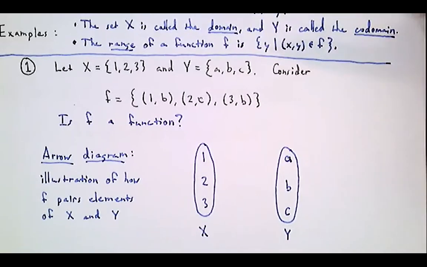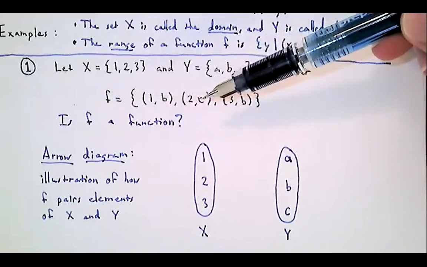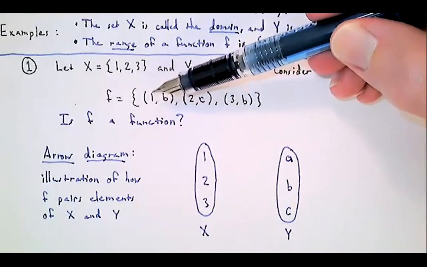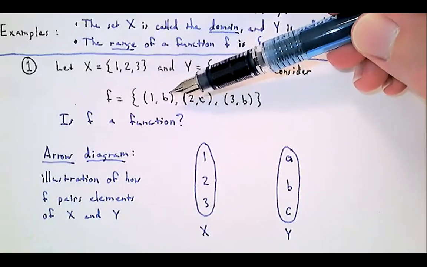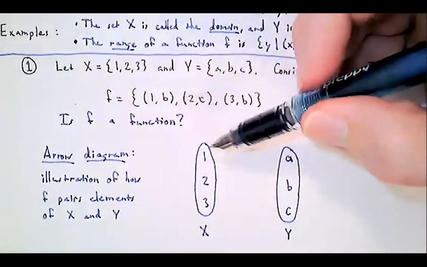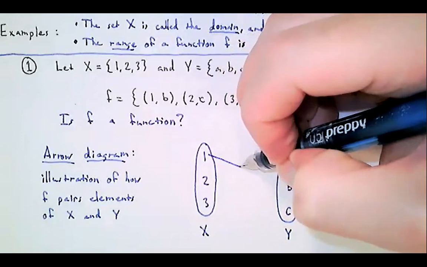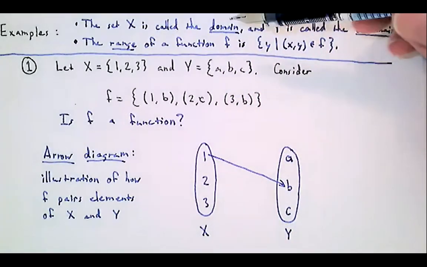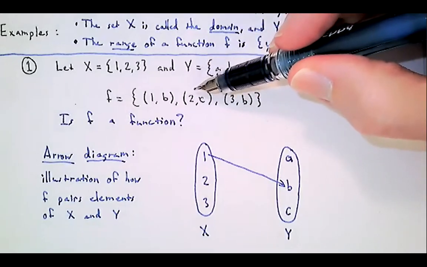And now what I'm going to do is draw an arrow for each ordered pair from the first element in X to the second element in Y. So for this first ordered pair, I'm going to find the element 1 in X and draw an arrow over to the element B. And then we'll repeat that for each of the other ordered pairs.